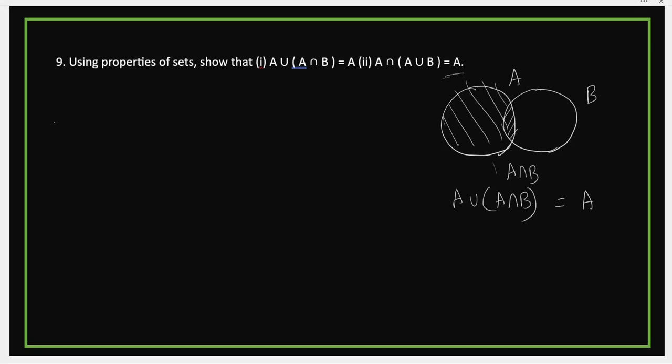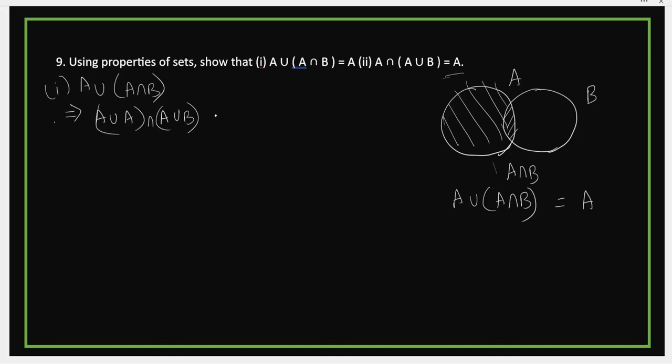First one: A union (A intersection B). Simply distribute it: (A union A) intersection (A union B).